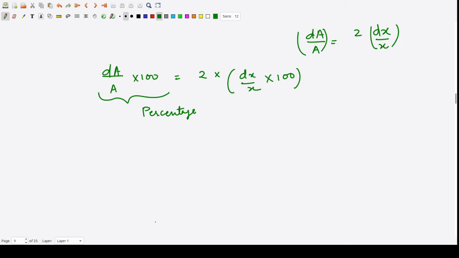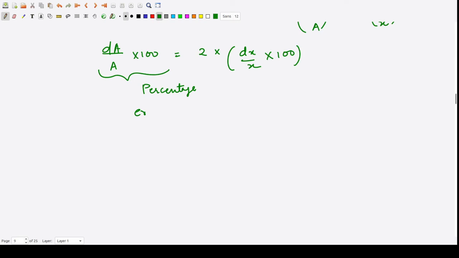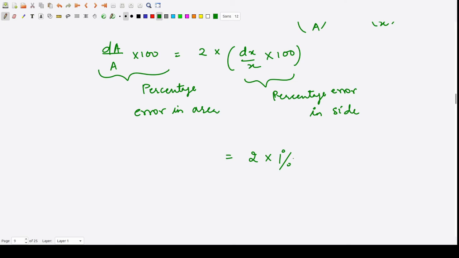This is the percentage error in A, in area, and this is the percentage error in side of the square. Now we are given the percentage error in the side of the square to be 1%. So that means this is equal to 2%. The percentage error is equal to 2%. So this is our answer.